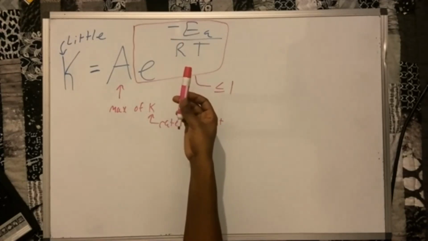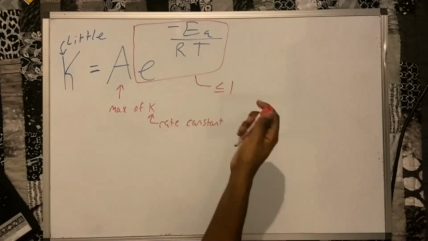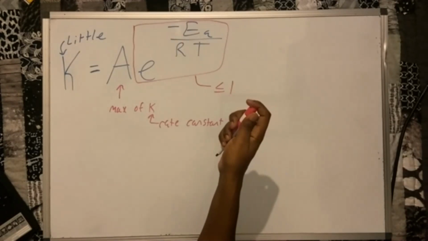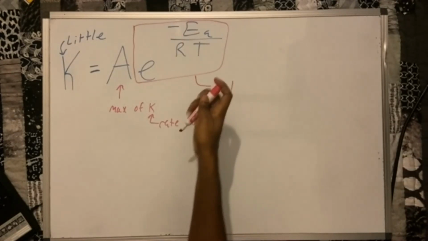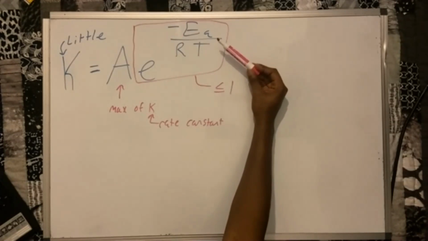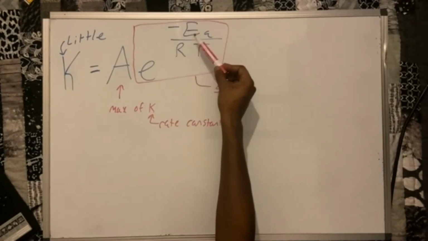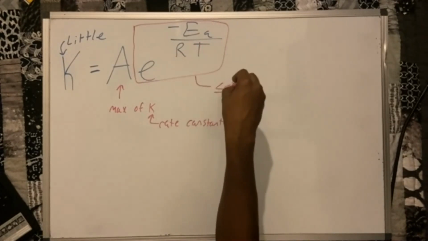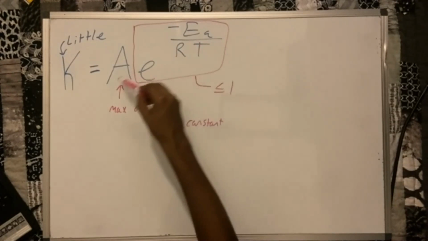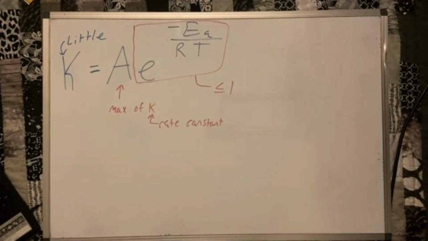It's always going to get smaller and smaller. Because the activation energies are always positive, and these two numbers are always positive, this entire exponent's negative, making this always less than or equal to 1. So the biggest this can get is 1. That makes k the max. Easy explanation. You just kind of needed the answer, and that's where I got the answer from.